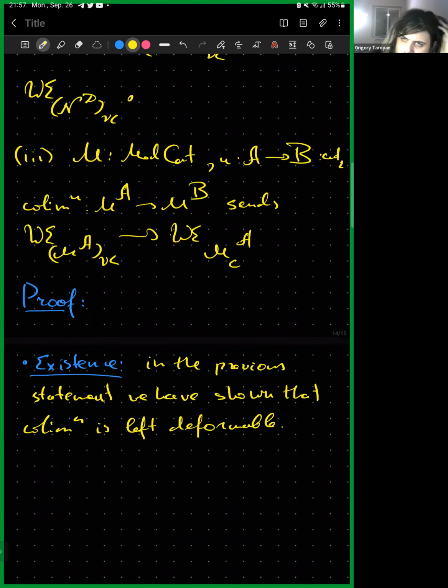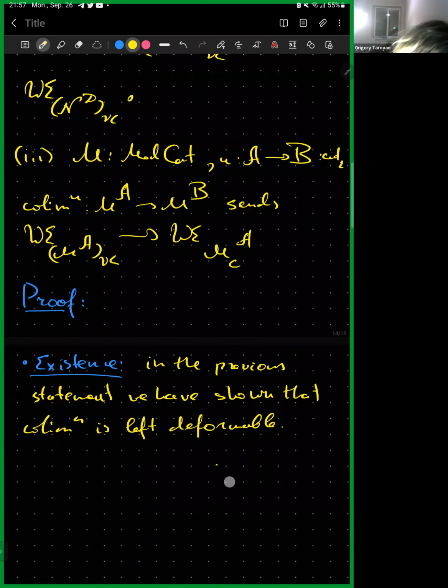Okay, so the second thing we want to prove is that there is in fact a well-defined composition of homotopical limits, which yields a homotopical limit of composition. So to do this, we observe that M is saturated.